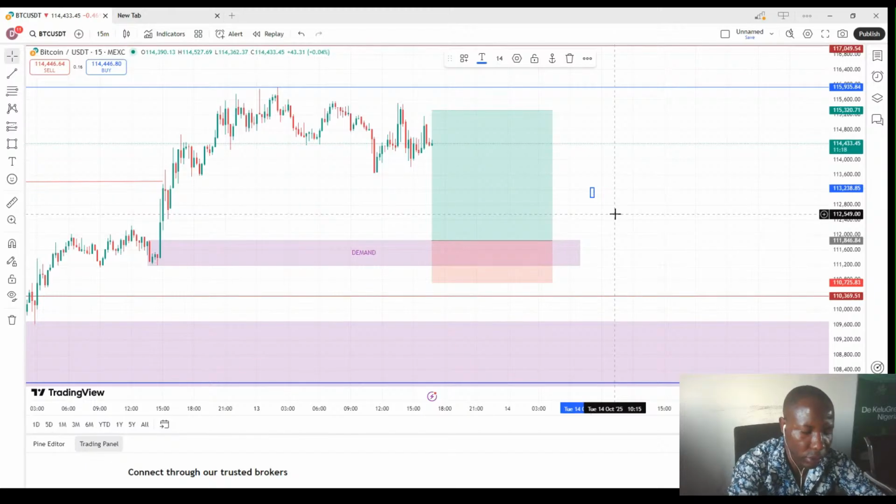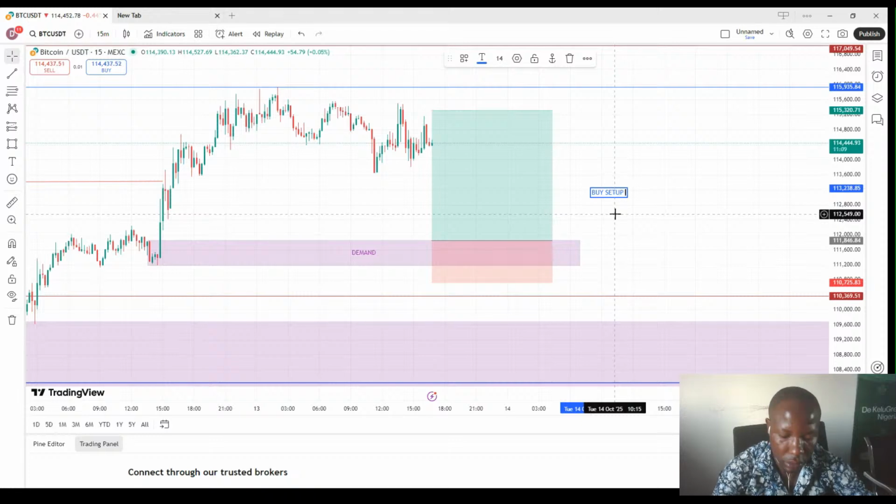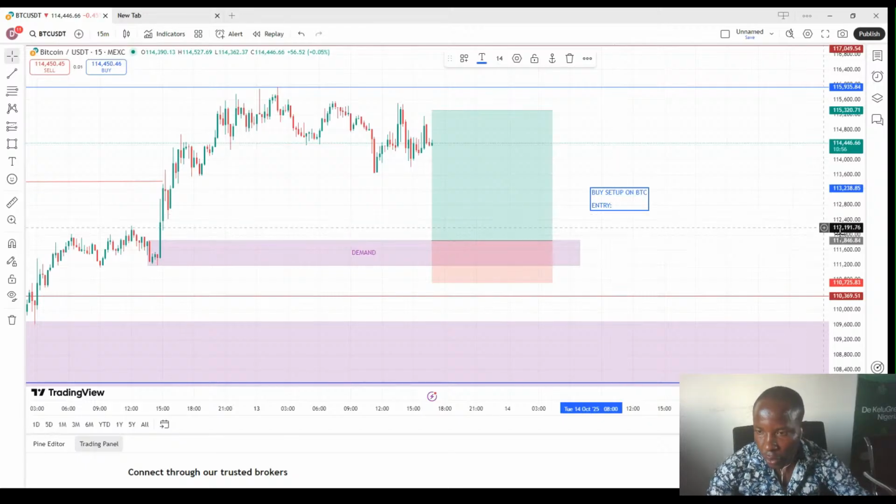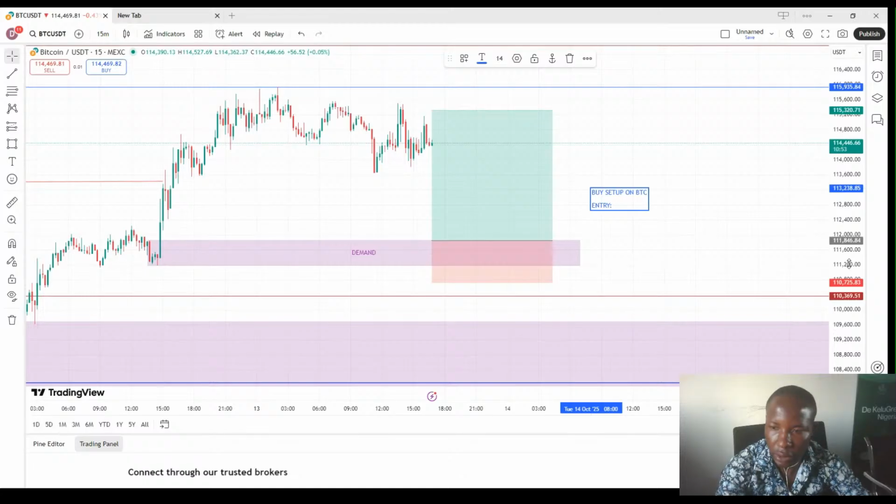Sorry, you can say this is a buy setup on BTC. So the entry is 111,846.84.